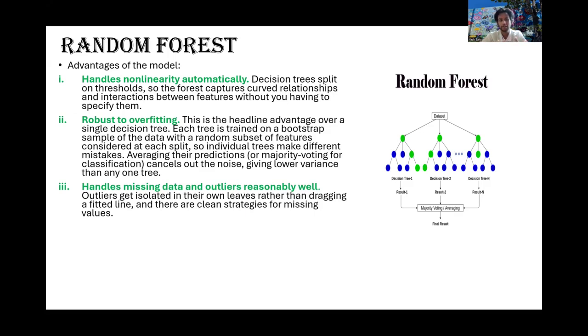Second advantage is that it is robust to overfitting. It uses multiple decision trees and it averages the predictions or performs majority voting for classification. The image on the right explains how random forest works. For example, we can say that three decision trees are used.